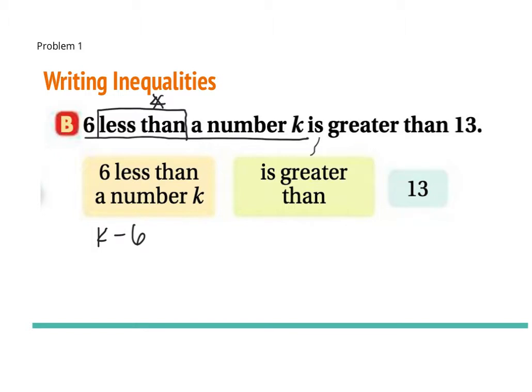Remember, less than: if there's a than, then it goes at the end, okay? So the 6 comes after the k. So k minus 6 is greater than 13. So this is what our inequality should look like.